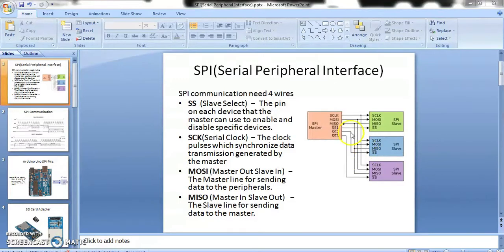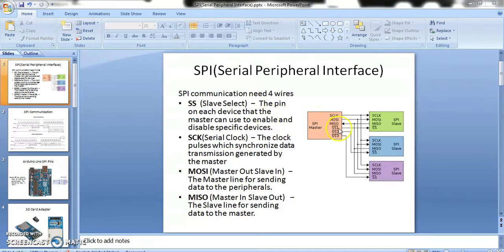And as I said before, first the master will call the slave. Through this SS line, that means slave select, the master will call the slave. Here are 3 slaves, so through these lines the master will call these slaves, and at the same time the master can call only one slave.